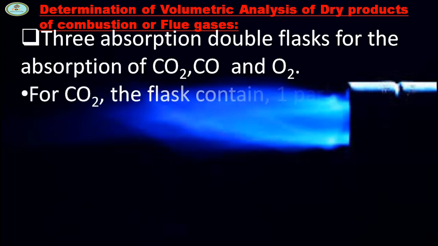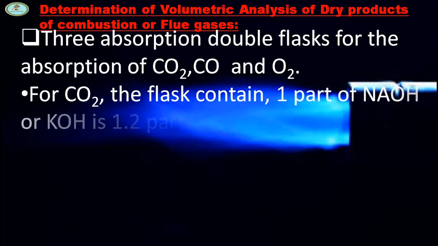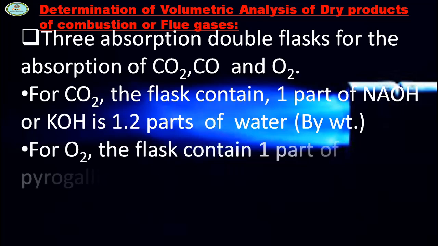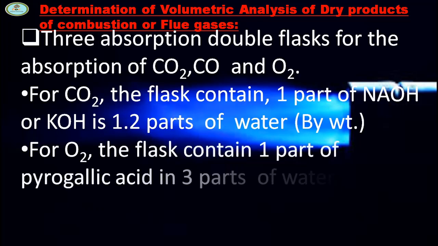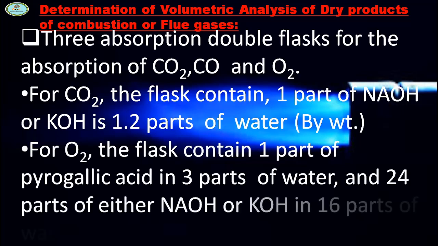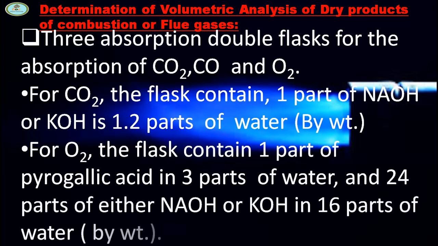For CO2, the flask contains 1 part of NaOH or KOH in 1.2 parts of water by weight. For O2, the flask contains 1 part of pyrogallic acid in 3 parts of water and 24 parts of NaOH or KOH in 16 parts of water by weight.